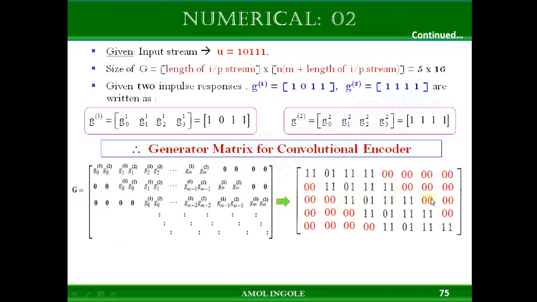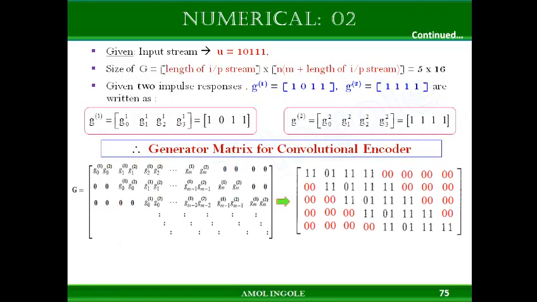The third row can be obtained by shifting the second row by 2 spaces again. The fourth row can be obtained by shifting the third row by 2 spaces, and that's how you get all 5 rows and all 16 columns of the generator matrix.